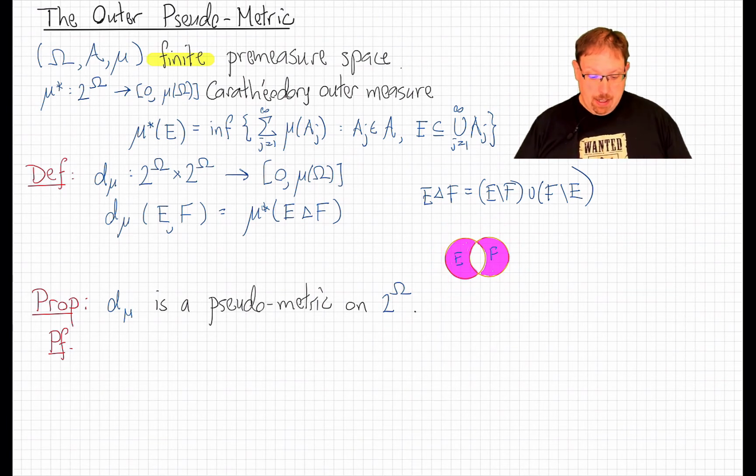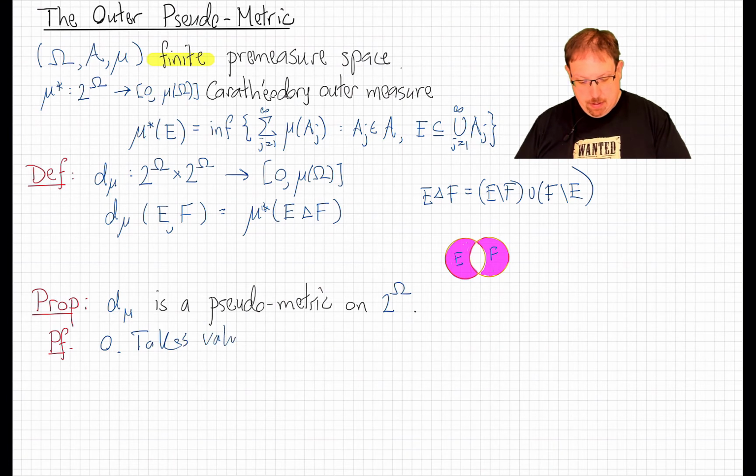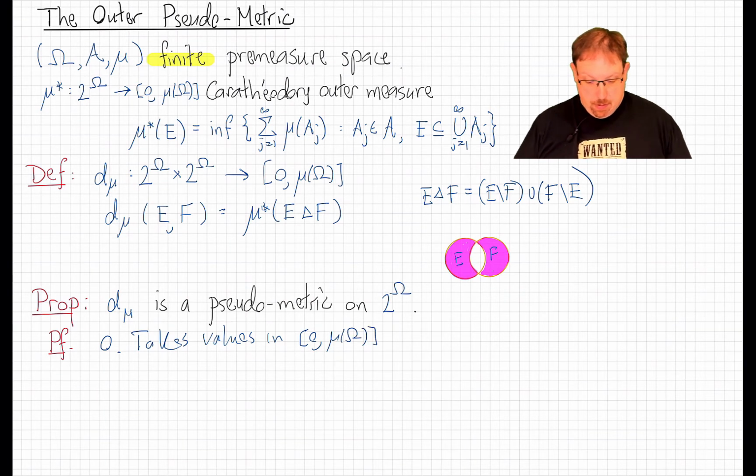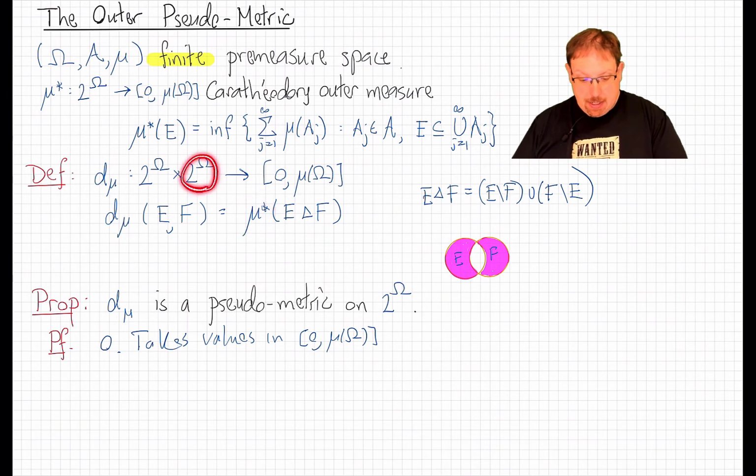This is a pseudometric. Let's see why. First, we need to check that it takes non-negative values. Well, it clearly takes values in 0 up to mu of omega, because it is defined to be mu star of some subset.